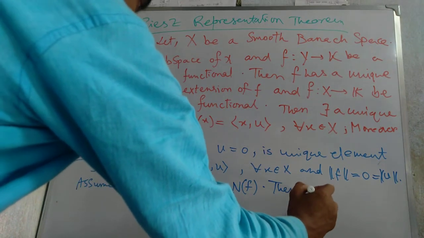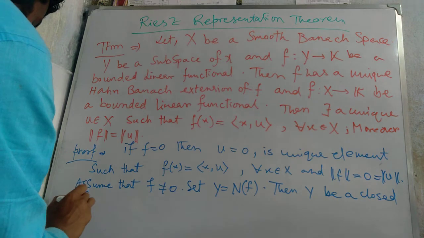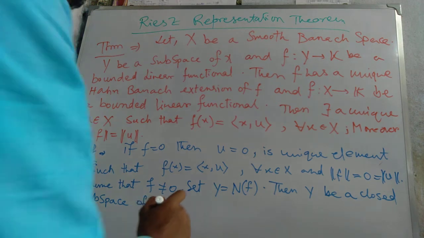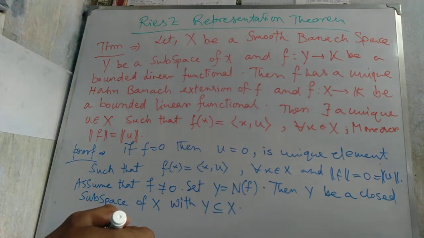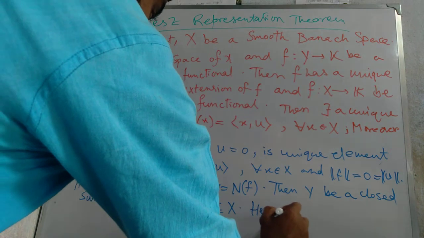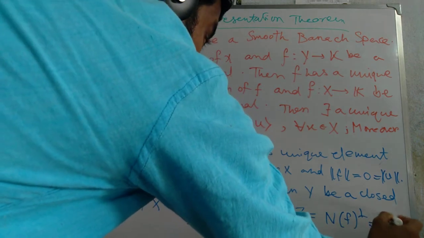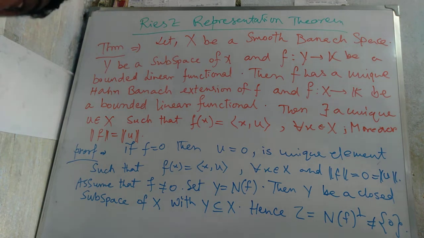Then Y is a closed subspace of X, with Y a proper subset of X. Hence Z, the orthogonal complement of the null space of f, is not equal to 0. Then we erase a portion and go to further discussion about that.